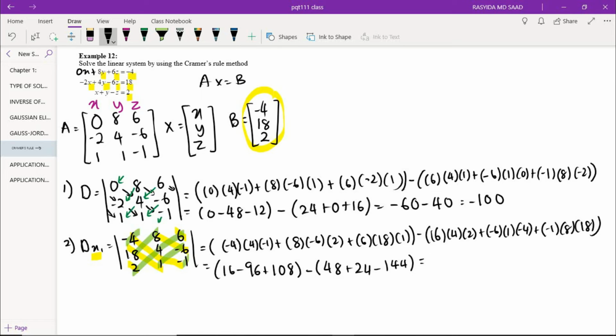So for this one you get 16 minus 96 plus 108, 28.